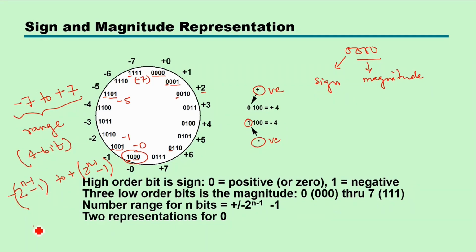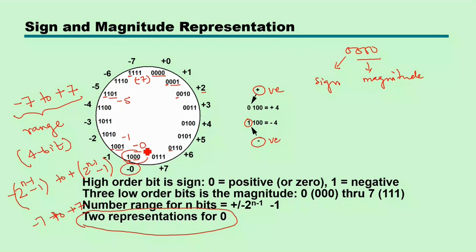So minus 7 to plus 7 is the range. Its disadvantage is that it represents 0 in two different forms.